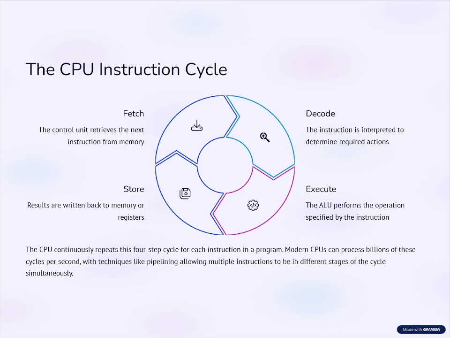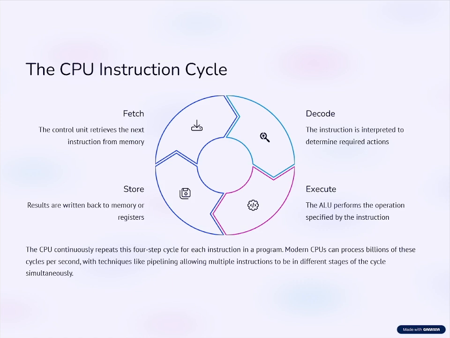Now, CPU instruction cycle. We've talked about the CPU instruction cycle, and we have the first cycle called the fetch. The fetch will help us to retrieve the next instructions from the memory so that it can help us in processing. After we have fetched, we are going to decode. Decoding is that we are going to interpret that instruction to determine the required action.